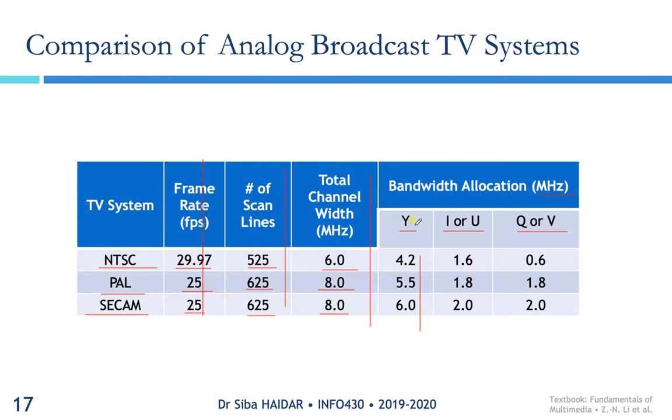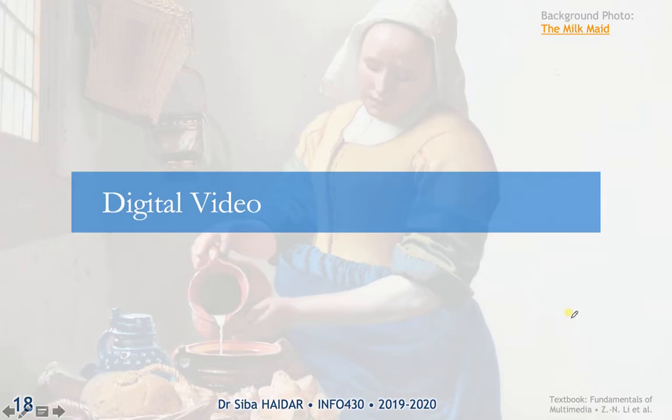The NTSC gives 4.2 from the 6 megahertz to Y, the PAL 5.5 for Y, and the SECAM 6 MHz for Y. The NTSC gives 1.6 MHz for the I channel because it uses the YIQ color model, and 0.6 for the Q channel, while the PAL gives two equal bandwidths for the U and V channels, alternating in opposite signs, and the SECAM gives 2 megahertz for each of U and V. So this was the comparison, and the next section is digital video.